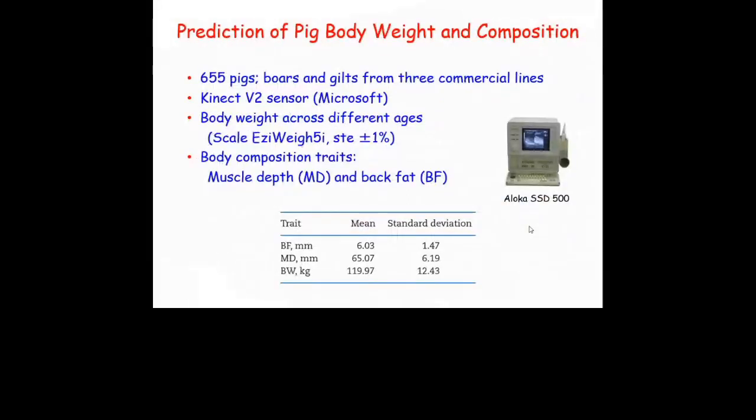So we had an experiment with 650 animals. We had information on body weight and two body composition traits, muscle depth and back fat, that we measure using ultrasound. And then we had Kinect cameras capturing these 3D images.